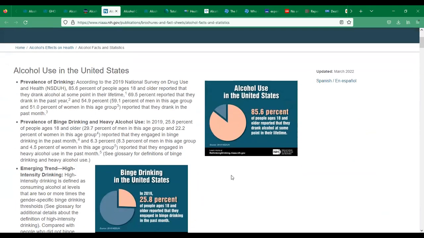So prevalence of drinking. Looking at the 2019 National Survey on Drug Use and Health, 85.6% of people aged 18 and older reported they drank alcohol at some point in their lifetime. So United States, 85.6%, over the 18.